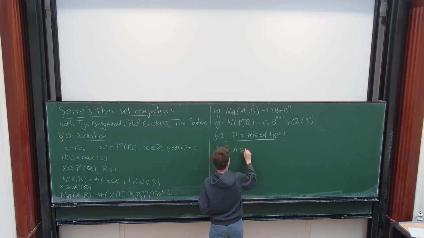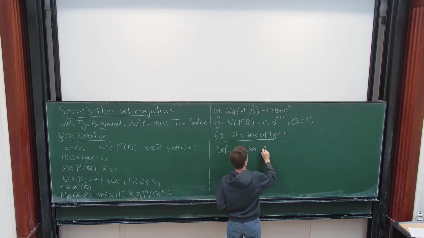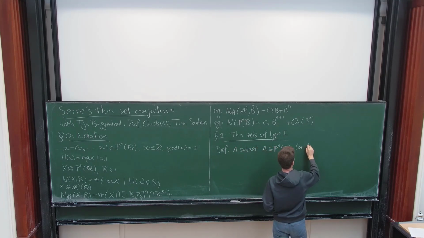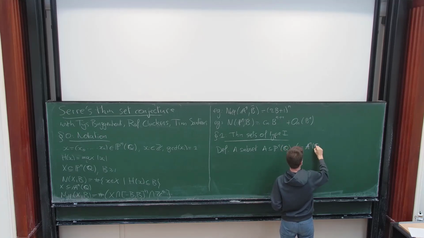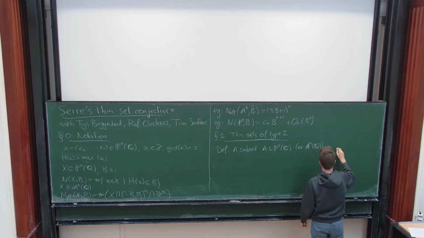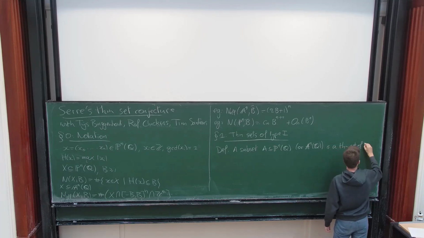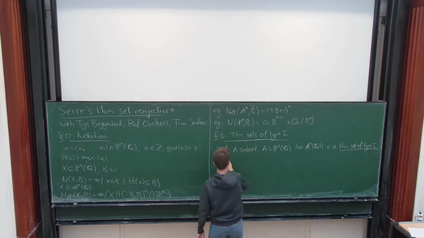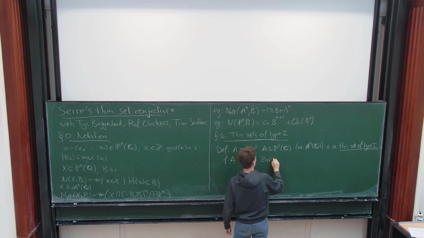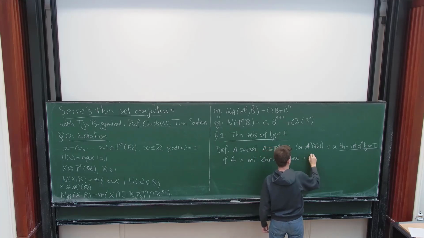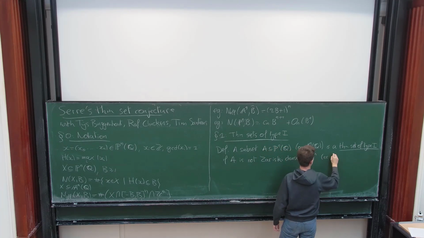A subset A in P^n(Q), or maybe in affine space, is called a thin set of type 1 if A is not Zariski dense in P^n or in A^n.